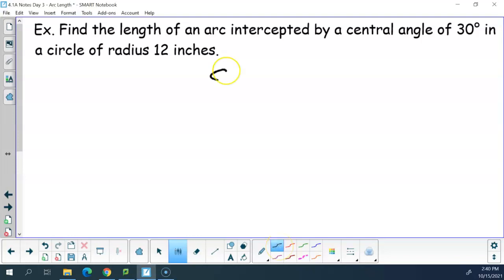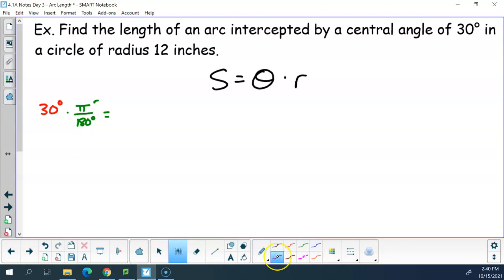So S equals theta times R. What's my theta? 30 degrees. But can I use that? No. So we first got to take 30 degrees and multiply that by pi over 180. And that's going to give us what?